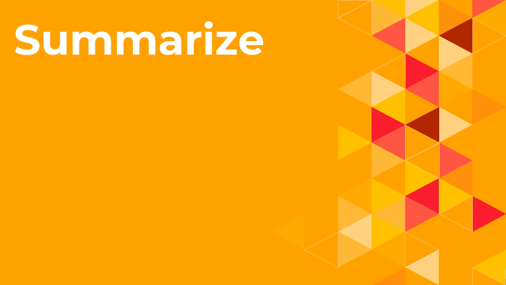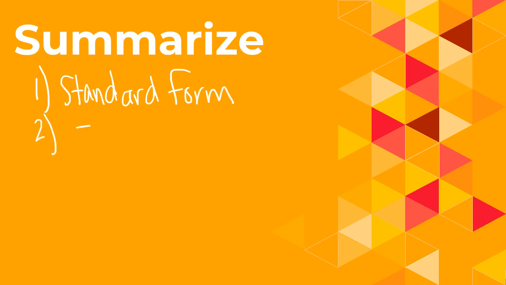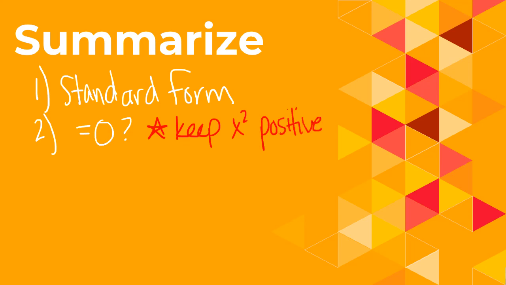So let's just summarize our steps today. If you're a steps person, first thing, standard form, okay? If you need to rearrange it. Second, I'd say, is it equal to 0? If not, it needs to be. And that's where your little side note is, keep x squared positive, okay? Whatever you do, move everything to its side if it needs to be positive.